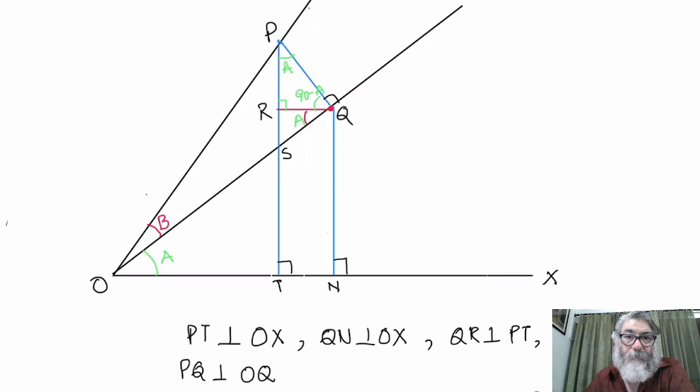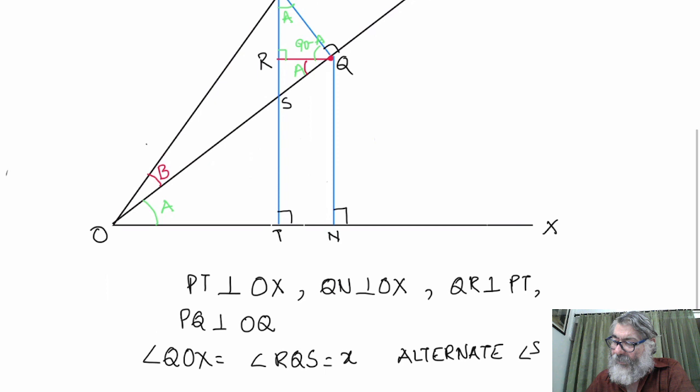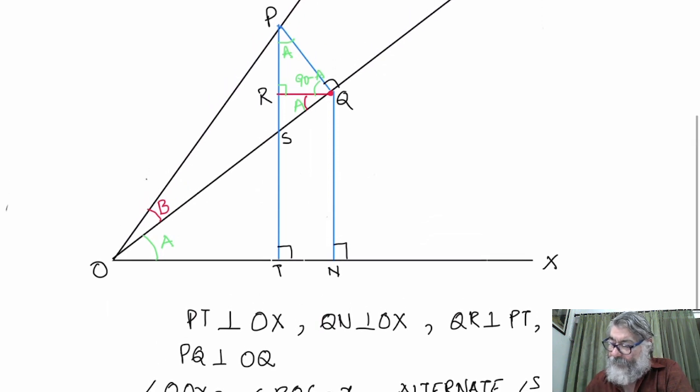Then angle RSQ, you can say that, but actually I would go there directly. This is A, this is 90, this angle RQP, angle RQP is 90 minus A. Why is it 90 minus A?